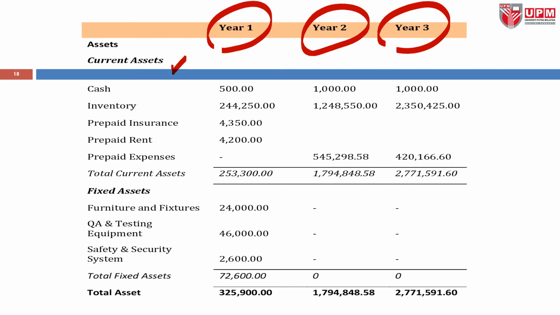And then we have fixed assets, furniture and fixtures, maybe needed for the first year but not for the following years, year 2 and year 3. Quality assurance and testing equipment, safety and security system probably occur in the first year. So the total asset increases from the first year, second year, and the following year.